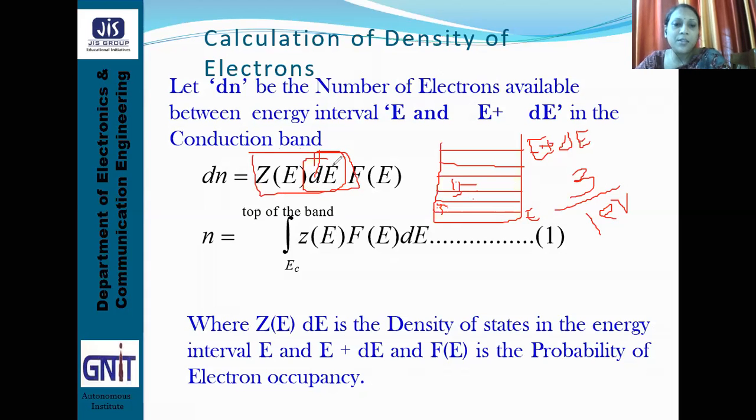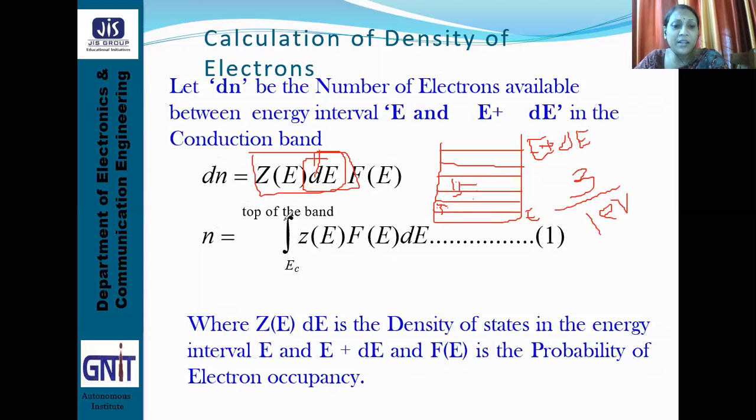So this density of states multiplied by the Fermi energy distribution function will give us the density of charge carriers in the conduction band.